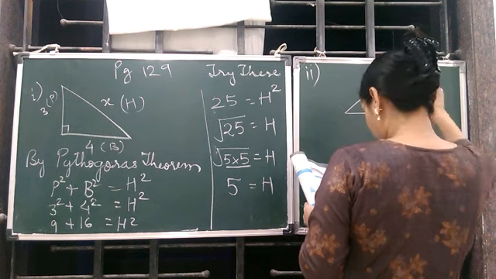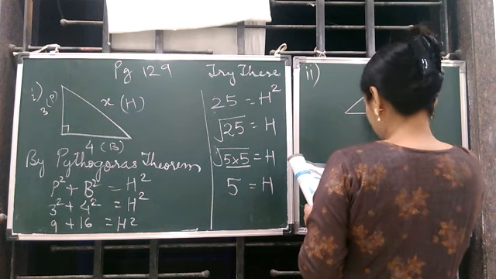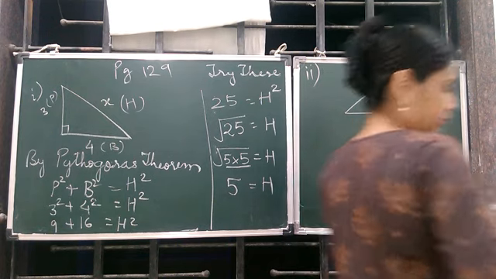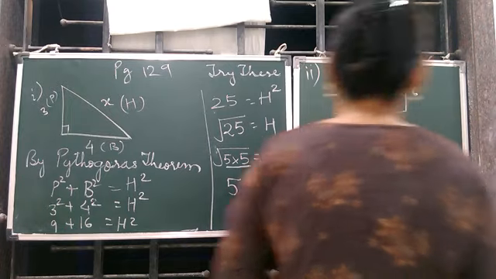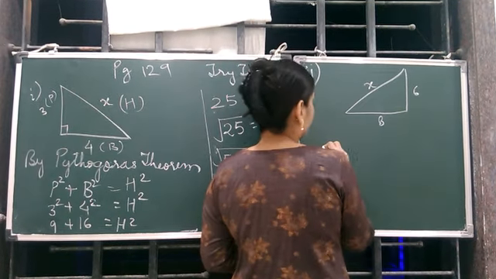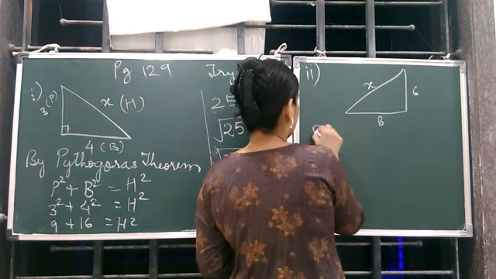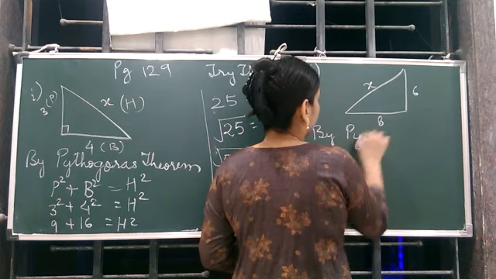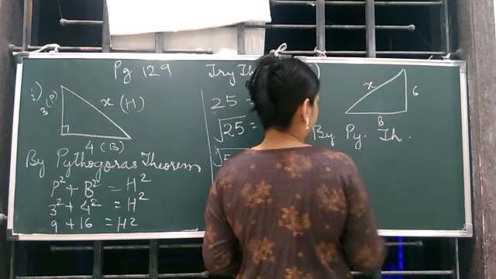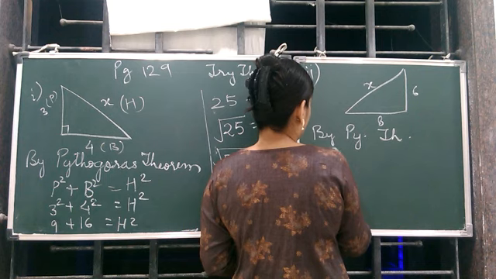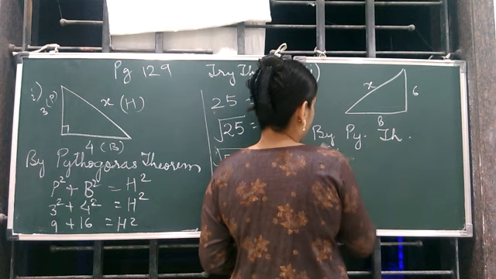Do it in the book. So again, by the Pythagoras theorem, p square plus b square, or directly write hypotenuse.